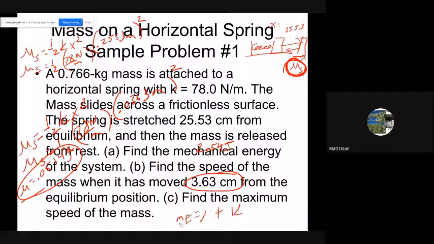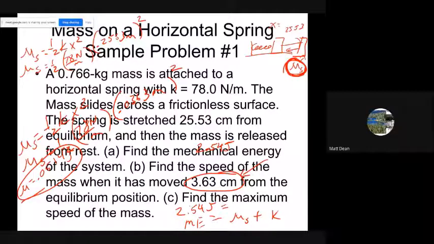Now, here's the important point. We know that the total mechanical energy at the beginning of this problem was 2.54 joules. Remember that mechanical is equal to potential plus kinetic.